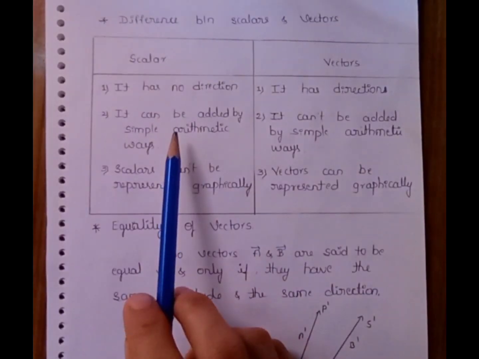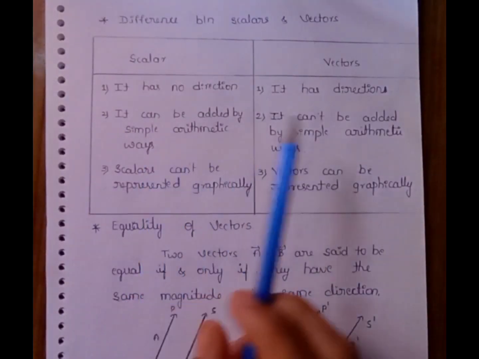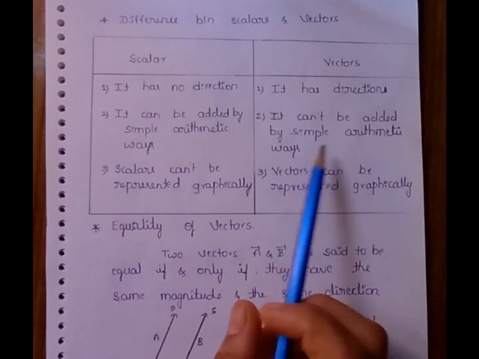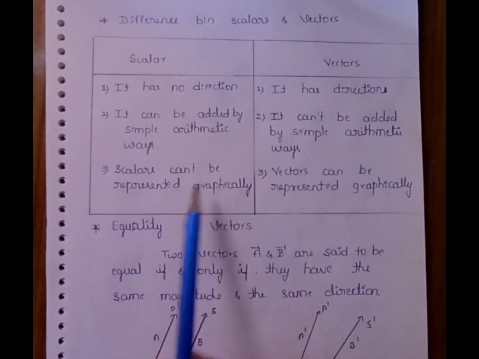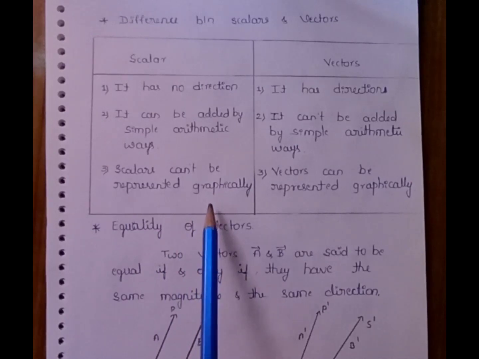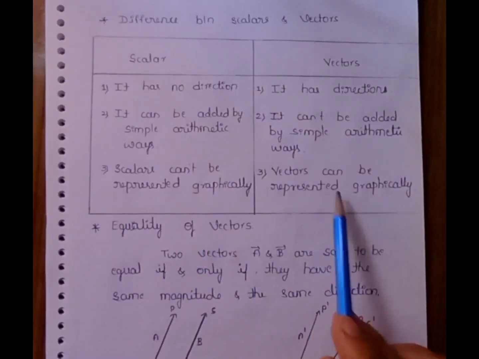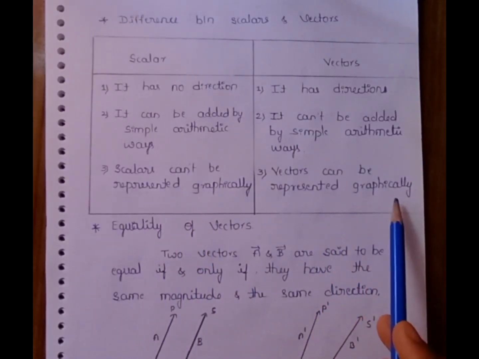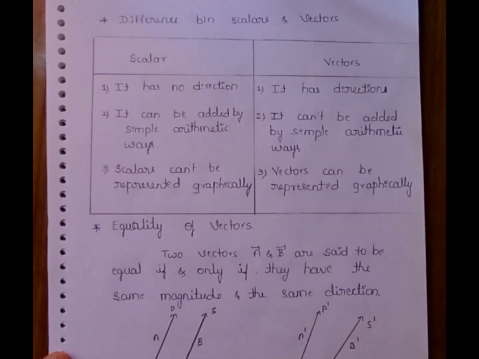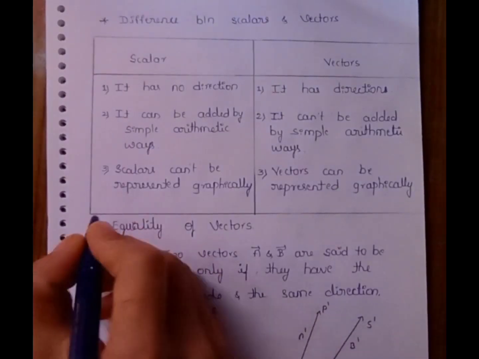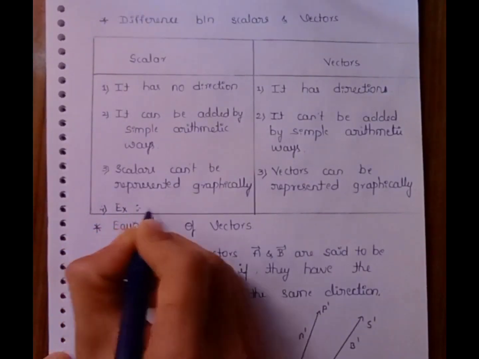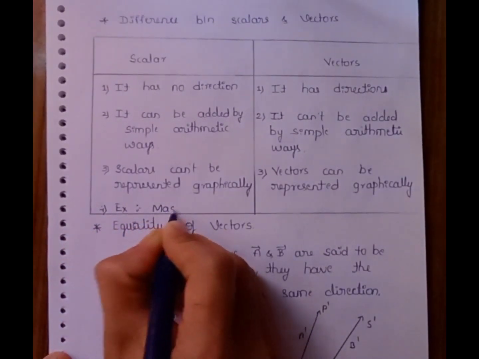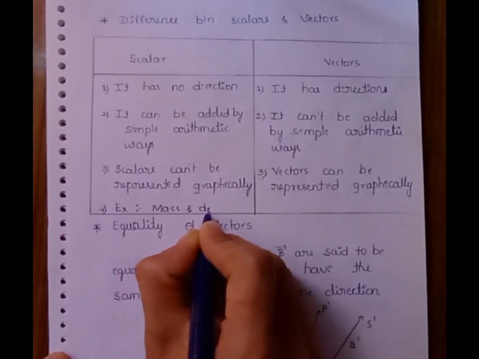Scalars can be added by simple arithmetic ways, but vectors cannot be added by simple arithmetic ways. Scalars cannot be represented graphically. For vectors, we can represent them graphically. Fourth point, examples for scalar are mass and density.